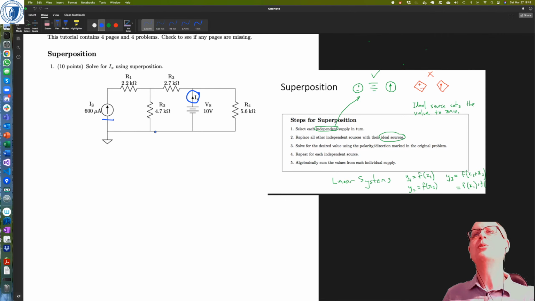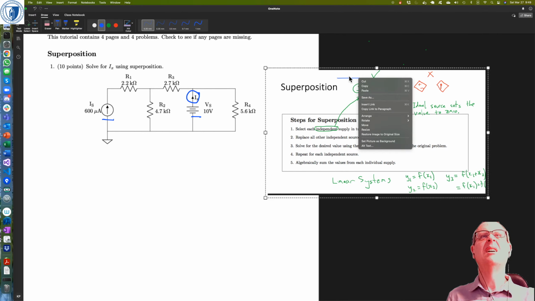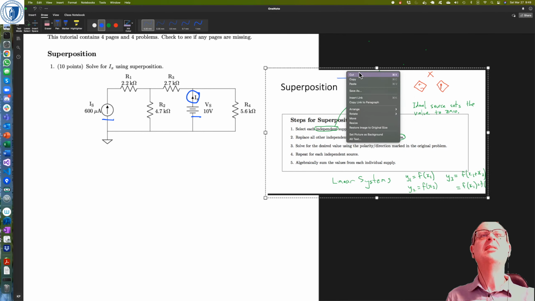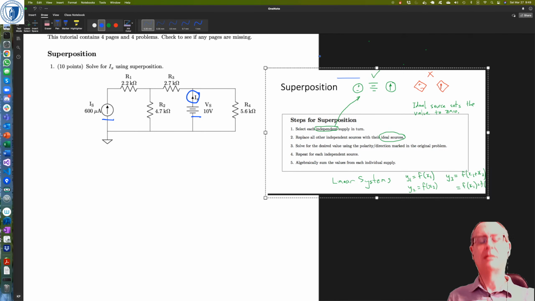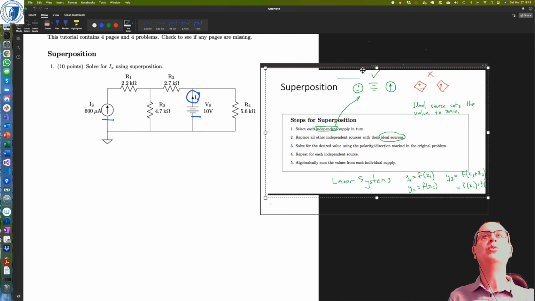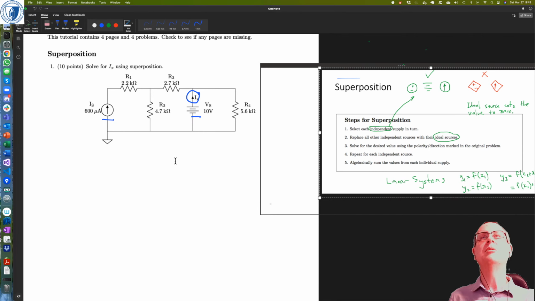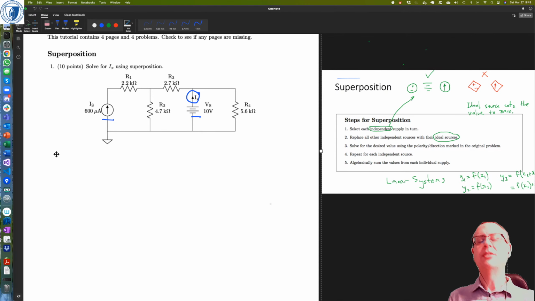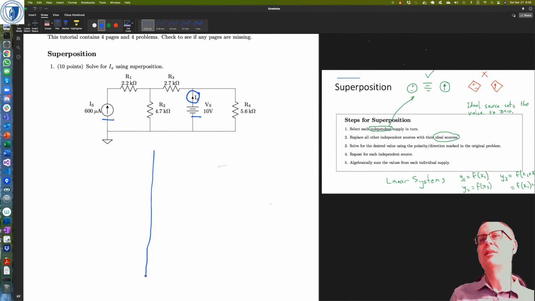We have two independent supplies, so we need to split the problem into two. Let me move that out of the way a little bit. There we go. So I'll split the page into two.